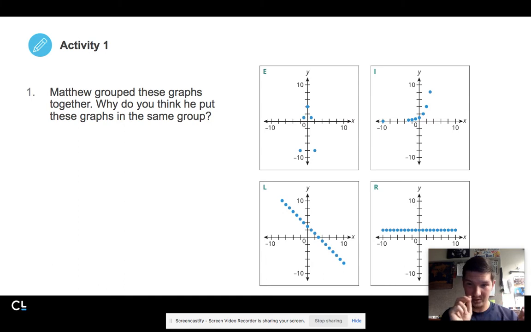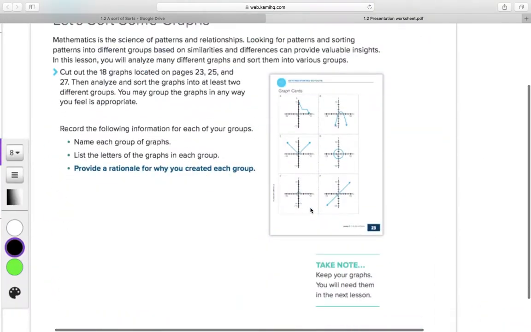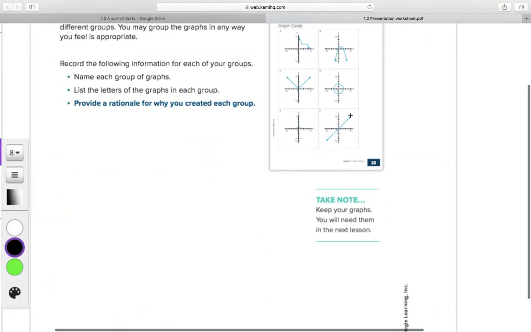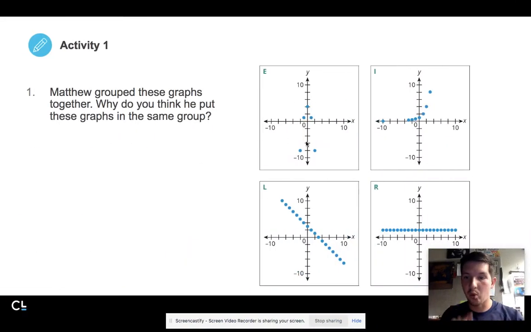We have points. We do have a name for that, and that is called a discrete graph, okay? You will get a definition of this in just a second, but that would be called a discrete graph when you don't have a line connecting them. So for instance, if we were to scroll down here, this one right here has a direct line, whereas these ones are just points that are showing a pattern. So that's why I would say these are grouped together.